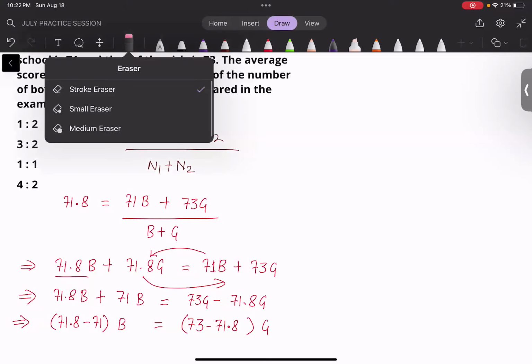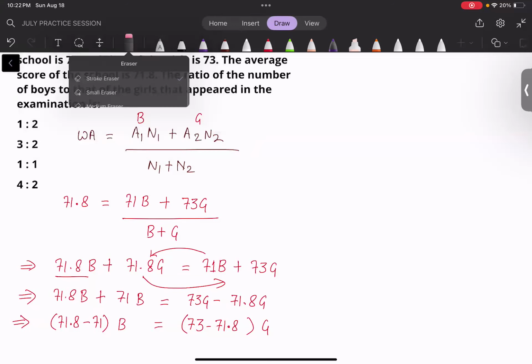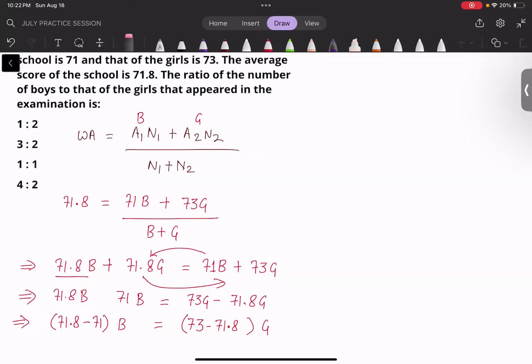Minus 71B. Okay. So all of you clear with this? We have put the values, then we have created one equation. Boys on one side, girls on one side. Okay. Now I am not subtracting because of one reason. You will understand.